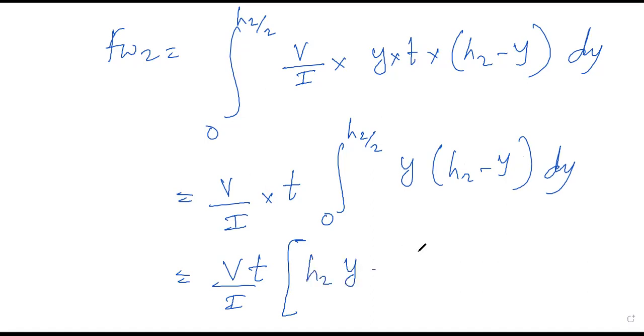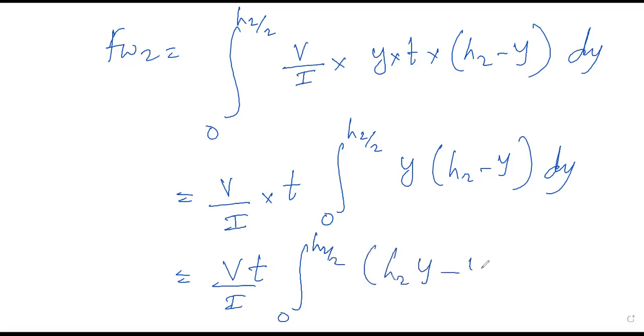Now take the integration: h2 y minus y square by 2, sorry, y cube. Wait, we have to multiply it in the bracket, then we will take h2 by 2, h2 y minus y square dy.